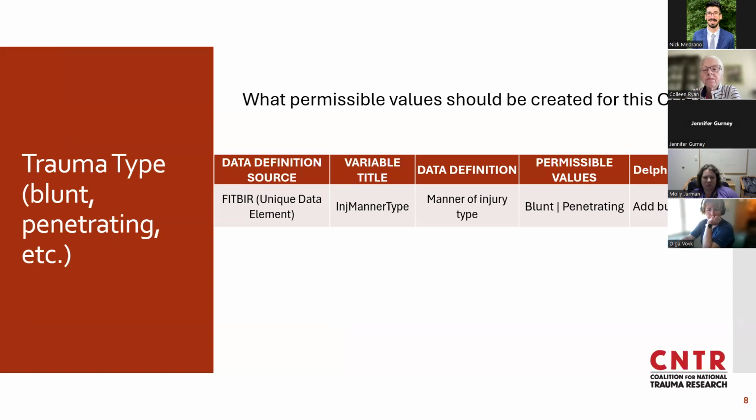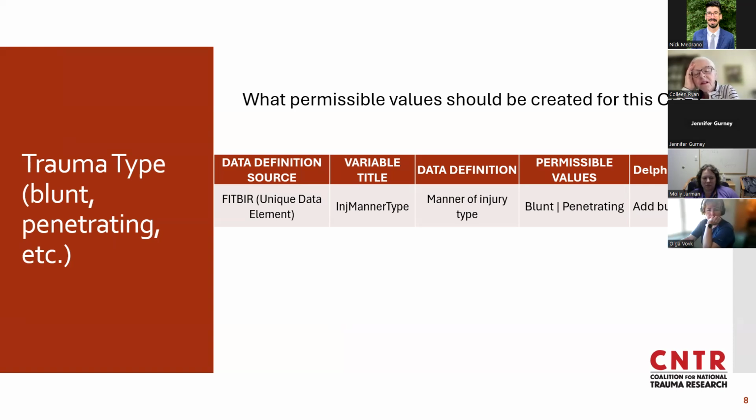Another potential value that got brought up was the idea of adding blast as a unique permissible value. I'm sure that was either Holcomb or Stallings that brought that up, for a common data element for military research, blast or explosion is important.